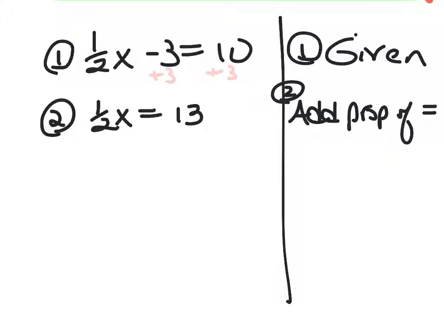Okay? Now, what's going to be my next step to get x by itself? Okay, Matthew? Good. I'm going to multiply by the reciprocal, which is multiplying both sides by 2. It will cancel. And now I'm left with x equals 26.